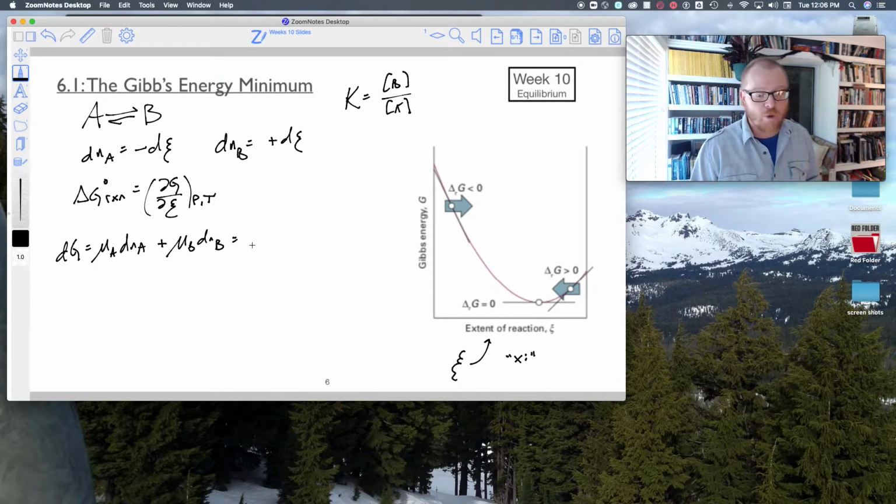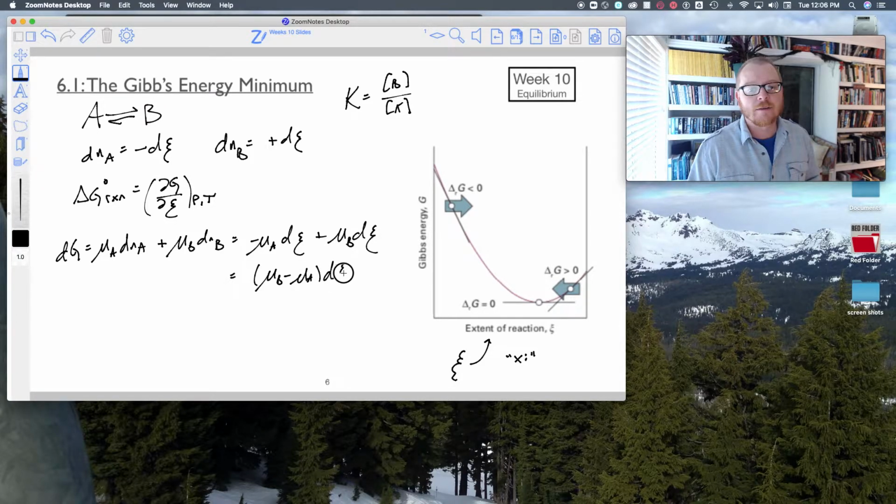Substituting this new parameter, ξ, the extent of reaction, that's going to be negative mu_A times dξ, the negative sign got absorbed there, plus mu_B times dξ. Collecting like terms and doing a little algebra, I get mu_B minus mu_A times dξ.